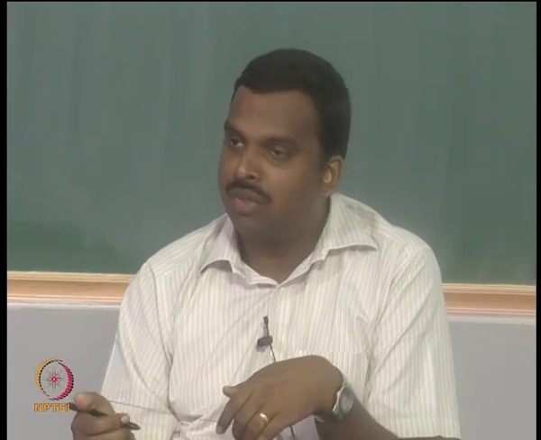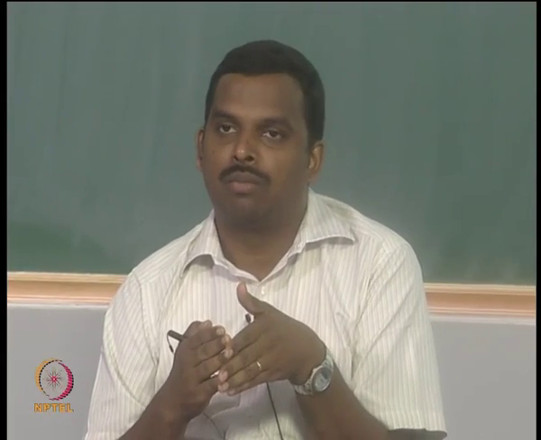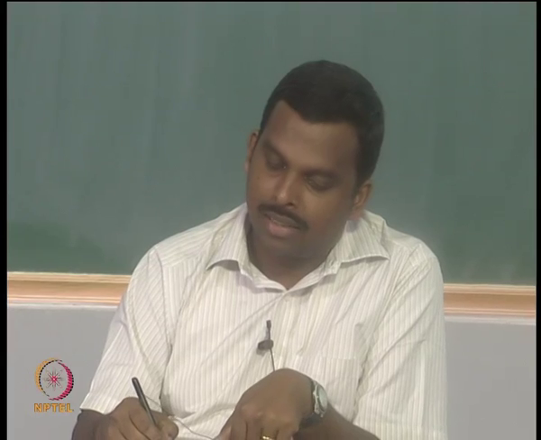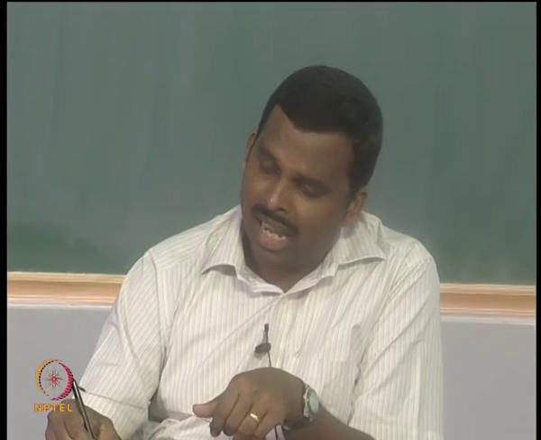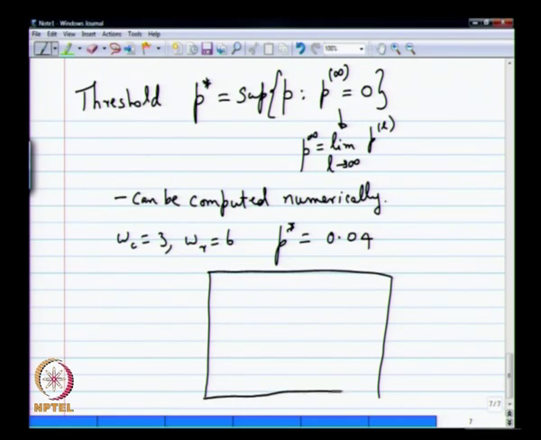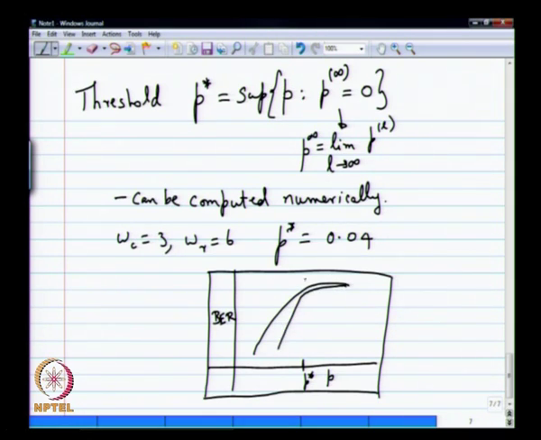Okay, but in practice we saw from the plot that as n increases, the bit error rate is clearly falling very close to 0.04. So what you expect in practice is captured very nicely by this P star. Maybe you can't theoretically prove it in a very sound way, but if you plot BER versus P, there will be this P star, and as you keep increasing n, something like this will happen.